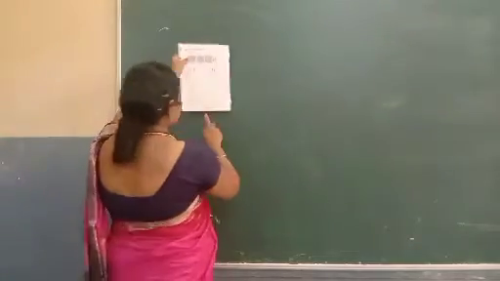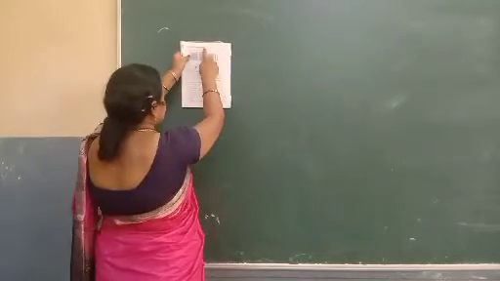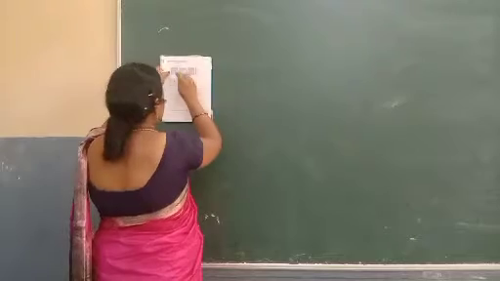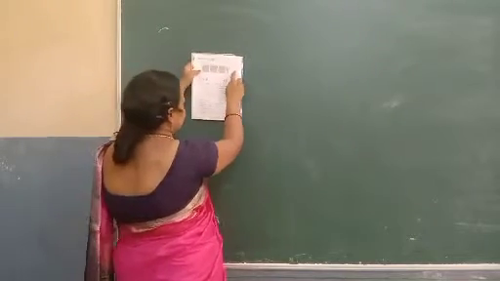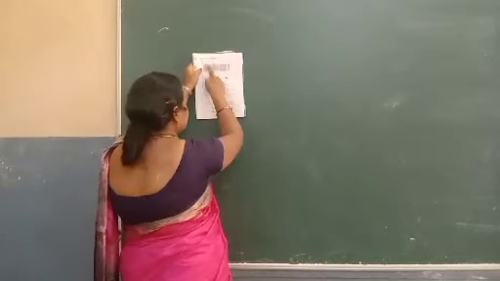See page number 31, activity worksheet. Question number 1. You can count and write here numbers. So here 100.